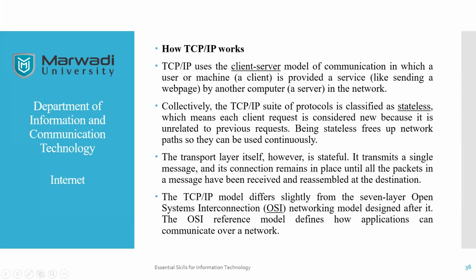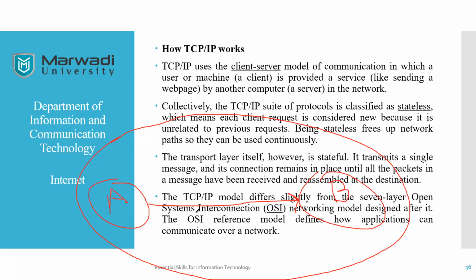I'll give you one example. Suppose this is A and this is B. Whenever A transfers any message to B, that whole communication is defined in our OSI model. So it starts from scratch. Suppose you are writing your message, which is HI. That message will be transferred into bits like 10110.